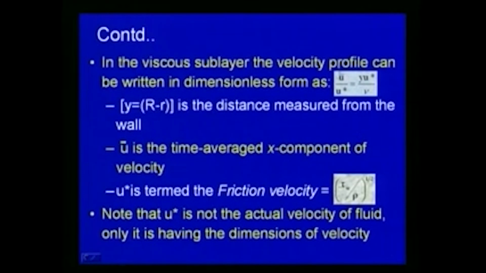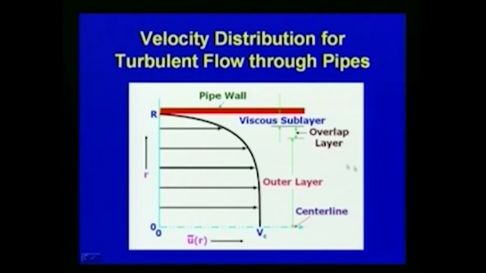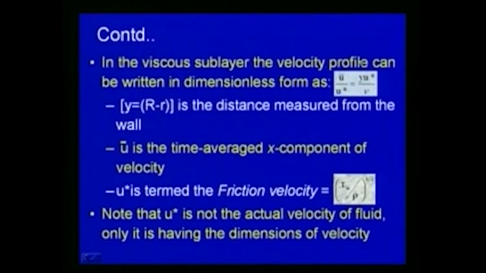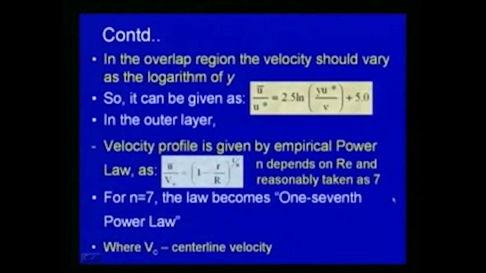So, this is the relationship for the velocity variation in the viscous sublayer: u bar by u star is equal to y into u star by nu. And then in the overlap region, the velocity should vary as the logarithm of y.